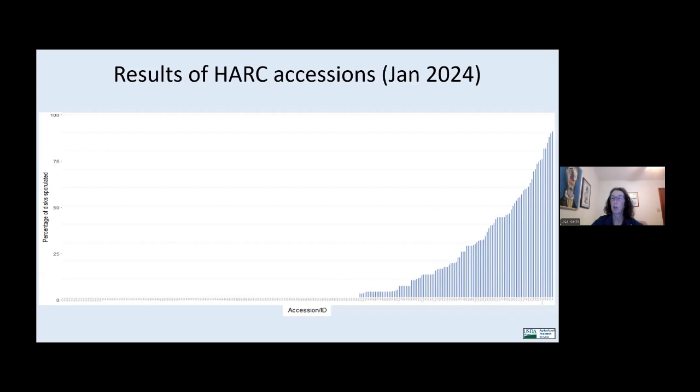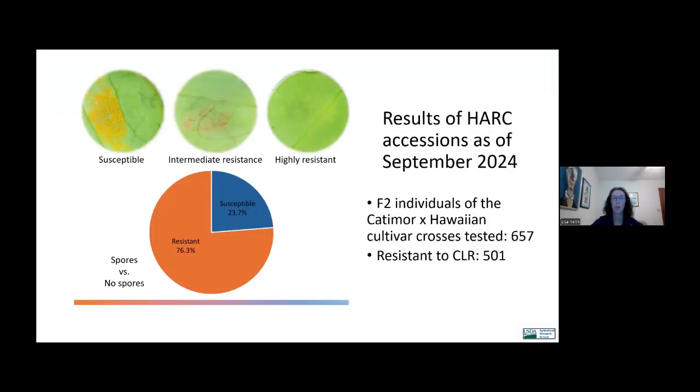Yes, we have some of the controls to the far right, super susceptible, producing a lot of spores, but as you can see, there are many that would maybe have some spots, but not actually produce spores. So this was kind of a highlight, or bright spot, to continue in the future.